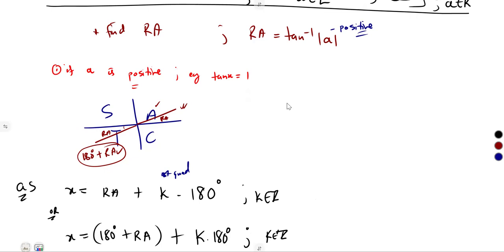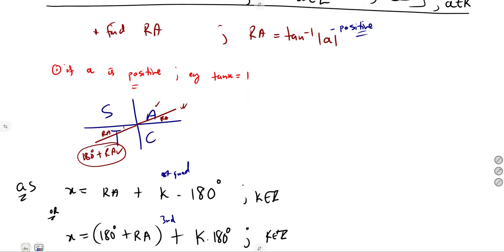Two solutions are going to be obtained, one in the first, another in the third, where tan is positive, taken to its period of 180 degrees.